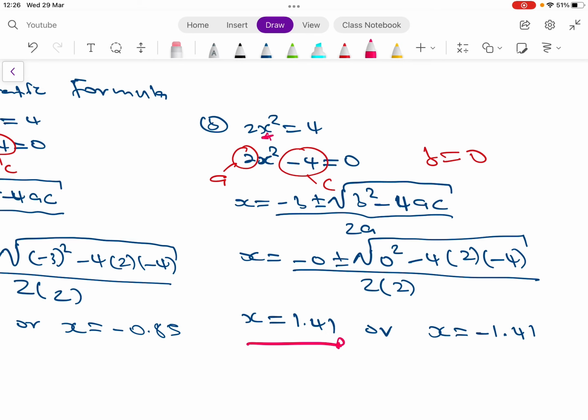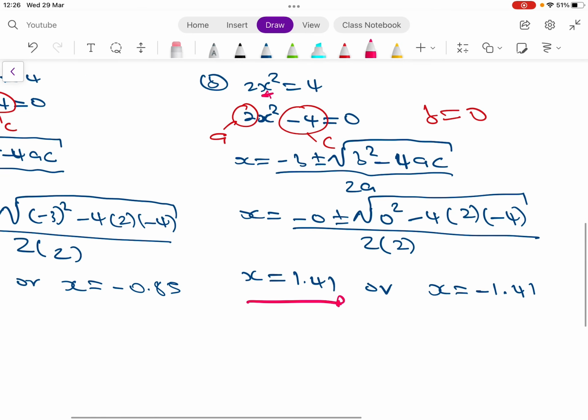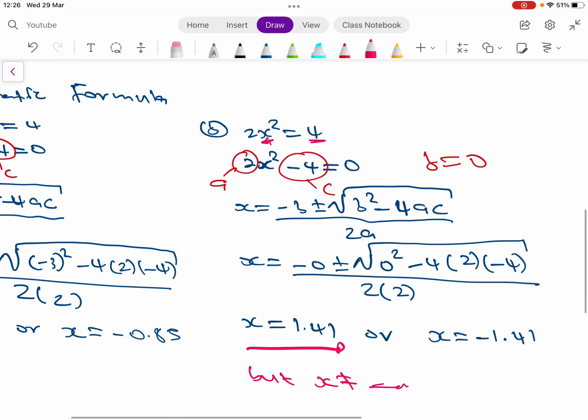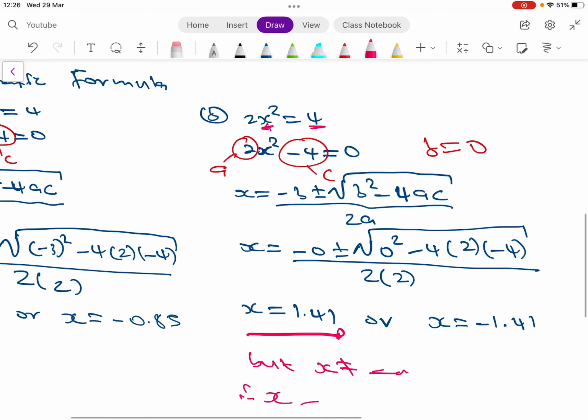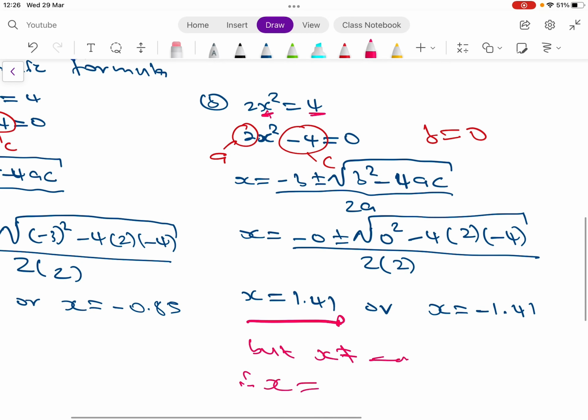If all of them give you 4, then all the answers are valid. If one of them is not giving you 4, you say that x is not equal to that one, therefore it leaves you with x equals the other one that remains. That will be how you present your solution.